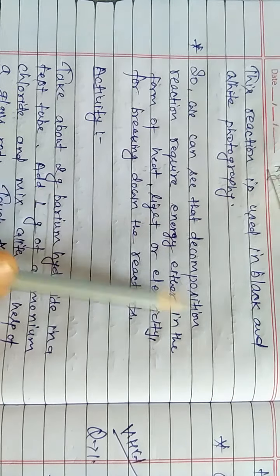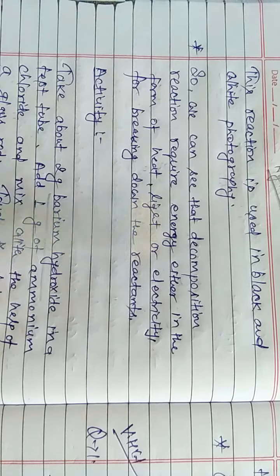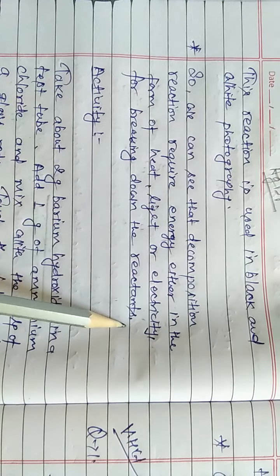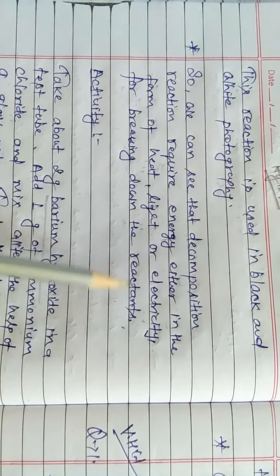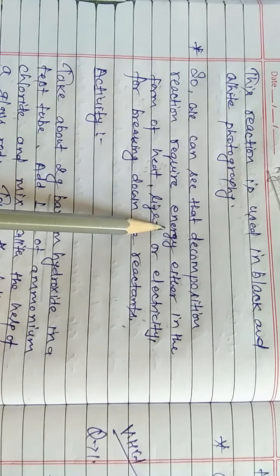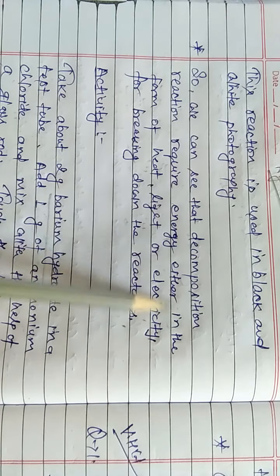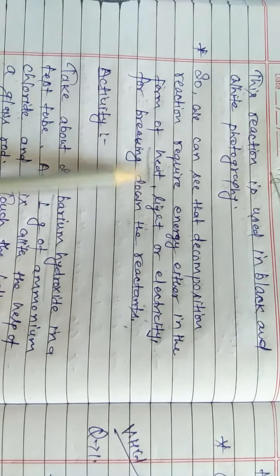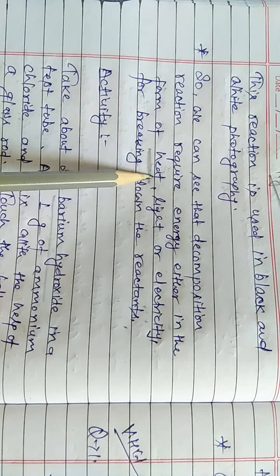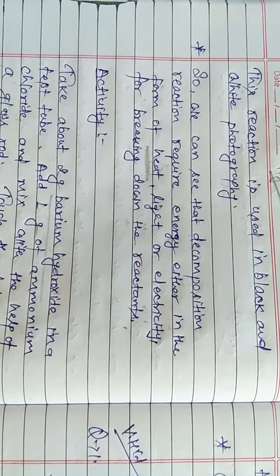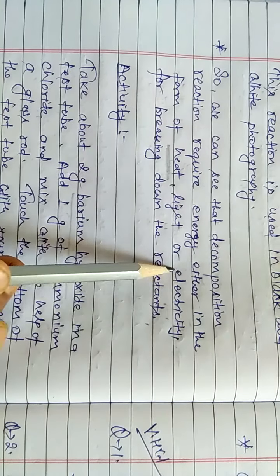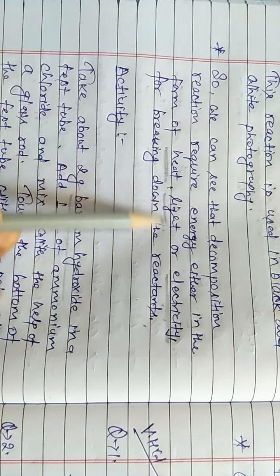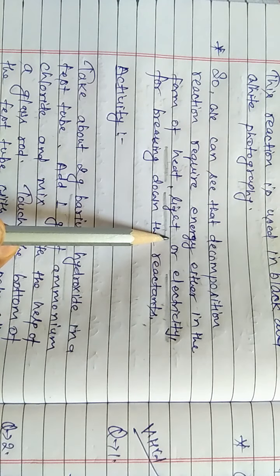So we can see that decomposition reactions require energy either in the form of heat, light or electricity for breaking down the reactants. So decomposition reaction can take place with the help of energy, and energy can be in any of the forms: heat, light or electricity. With heat we studied the decomposition of calcium carbonate. With electricity we studied the electrolysis of water, and today we studied the decomposition through light energy.